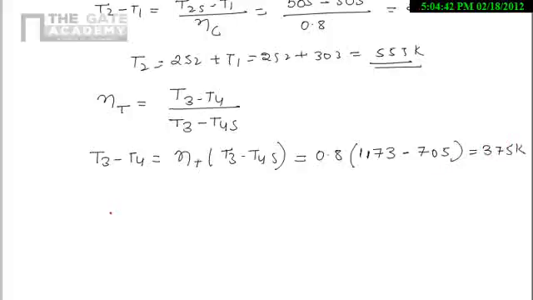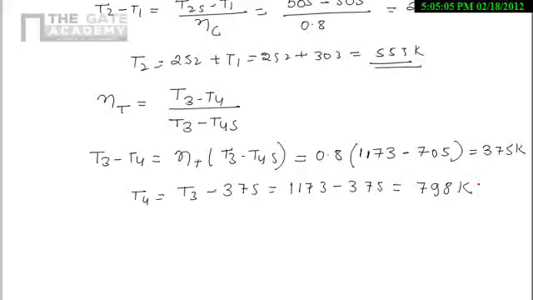But we are interested in T4, so T4 will be T3 minus 375. So 1173 minus 375, it will be 798 Kelvin. So these are the values for T2 and T4.